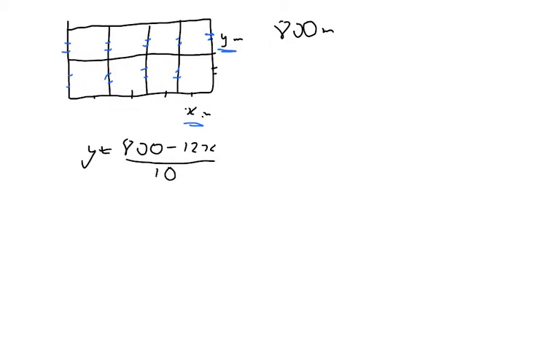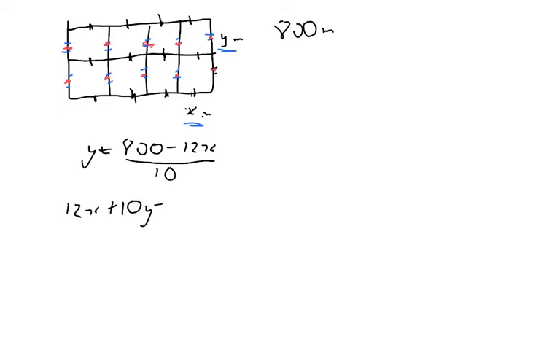That's our first problem. Now, the 800 is how much fencing the farmer has. He has 800 meters of fencing, so all of this has to add up to 800 meters. If you look closely, you'll see that there are 12 x's: 1, 2, 3, 4, 5, 6, 7, 8, 9, 10, 11, 12. 12 x's plus 1, 2, 3, 4, 5, 6, 7, 8, 9, 10 y's.